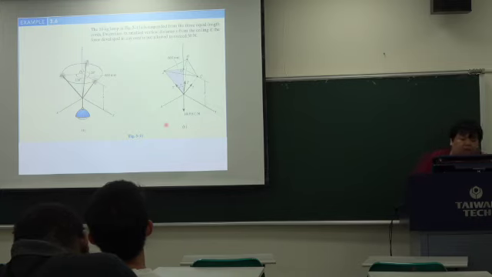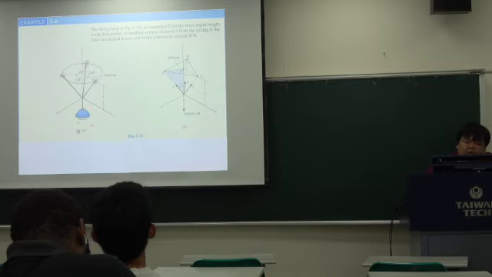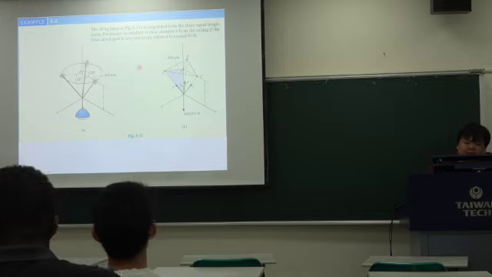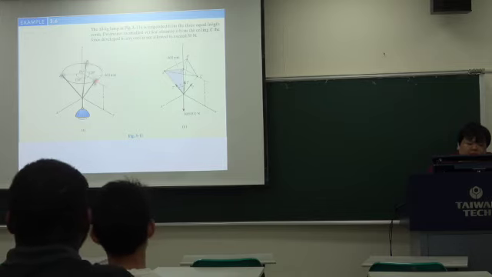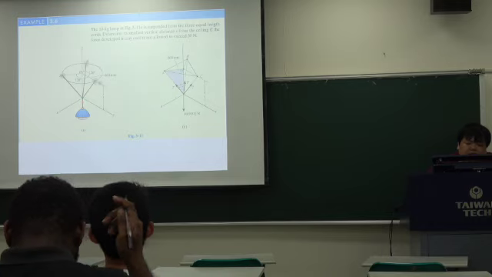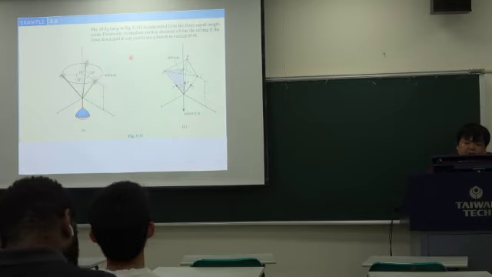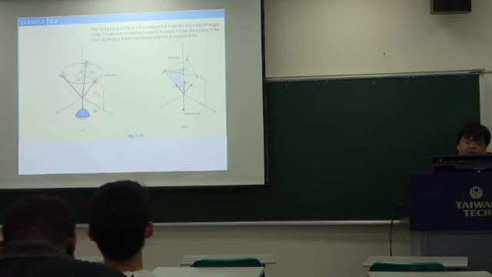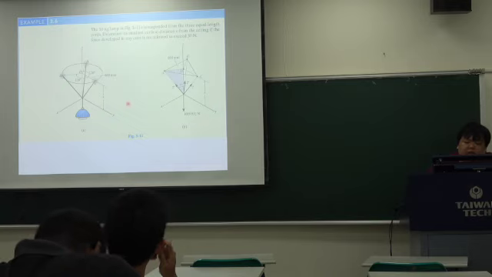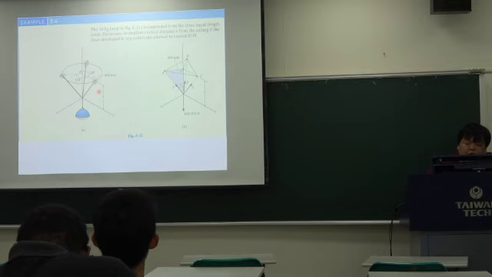The next example: the 10 kilogram lamp in this figure is suspended from three equal-length poles. So the poles' lengths are the same. Determine the smallest vertical distance S from the ceiling if the force developed in any pole is not allowed to exceed 50 Newton.